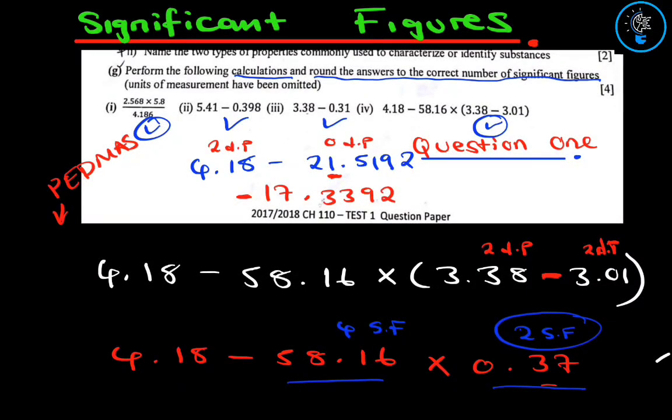Your solution must be rounded off to 0 decimal places, so it must be negative 17. How many significant figures? 2 significant figures. Okay guys, we are done.